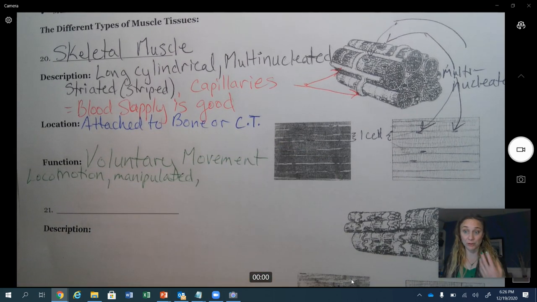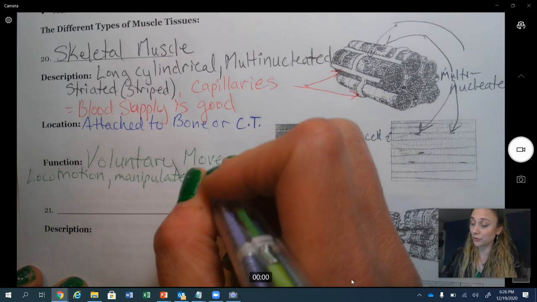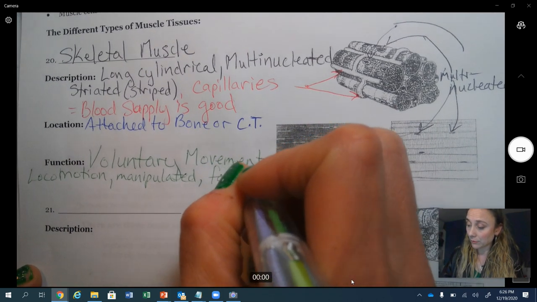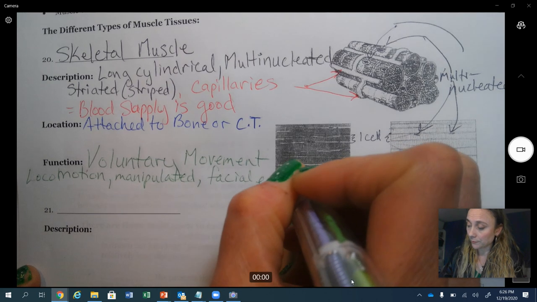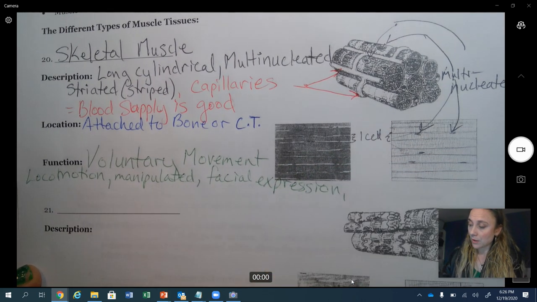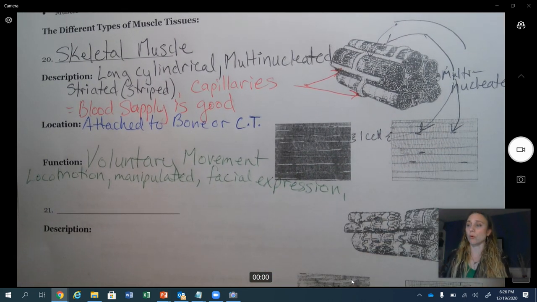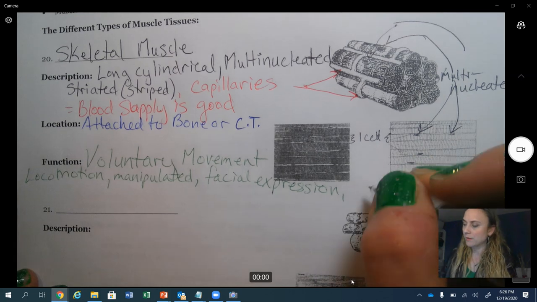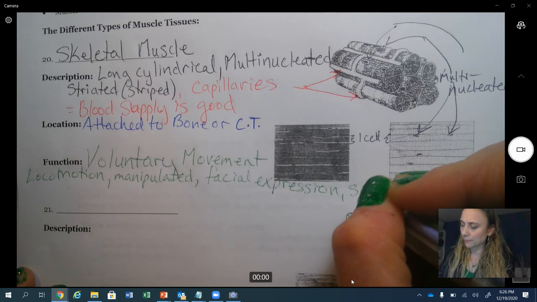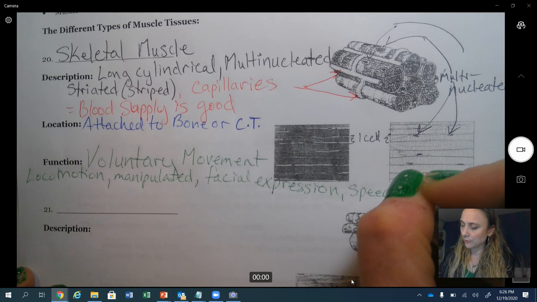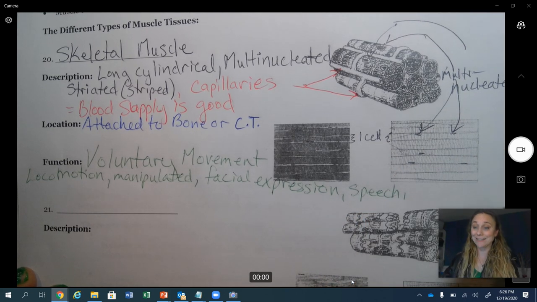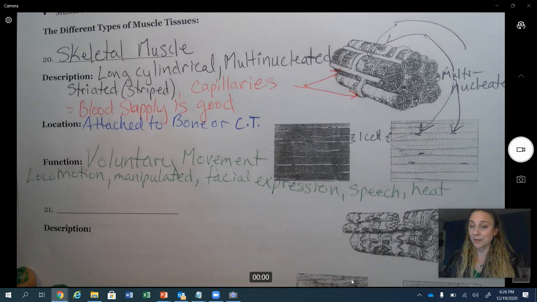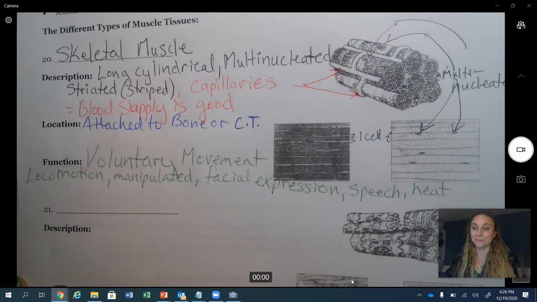Smiling, facial expressions, are a form of communication, and that's good too. Also, your vocal cords. You have to be able to stretch them and manipulate the vocal cords. So we'll say speech could be communication. Also, heat. Do you know that's where your body heat comes from? Is your muscles? Yeah.